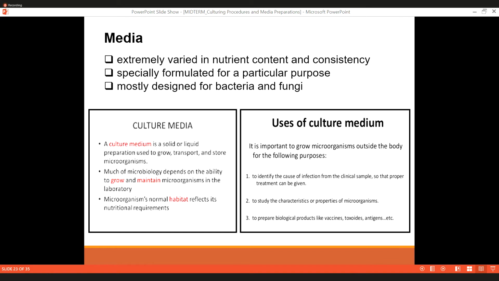So that is why they are extremely varied in content and consistency.